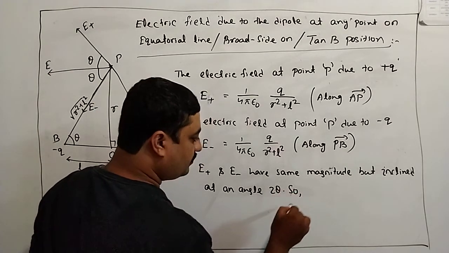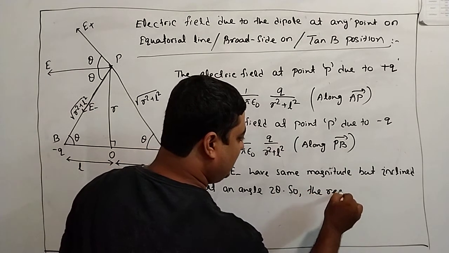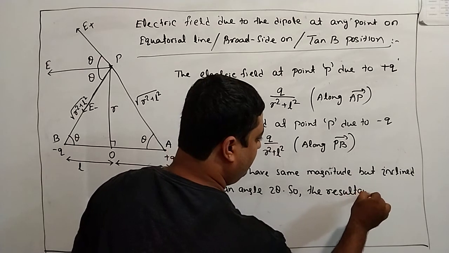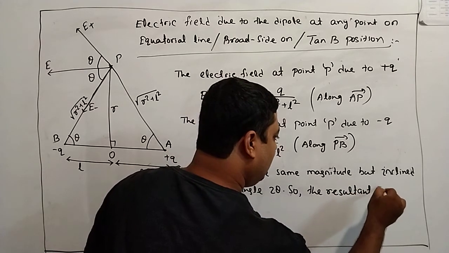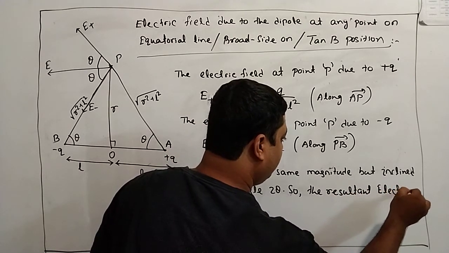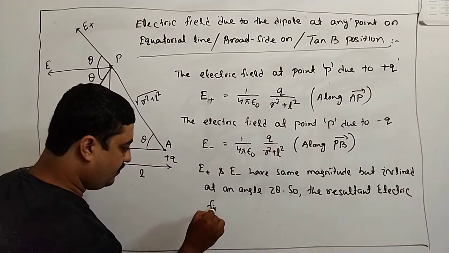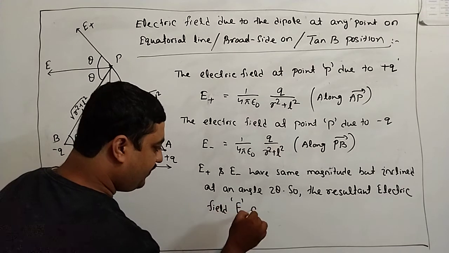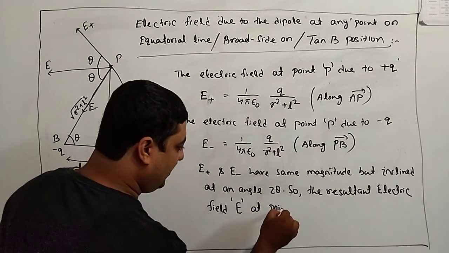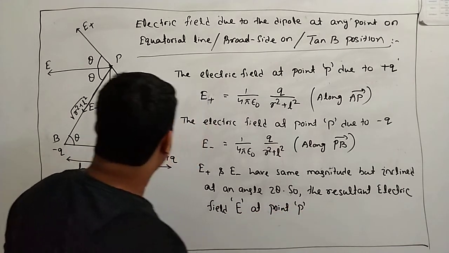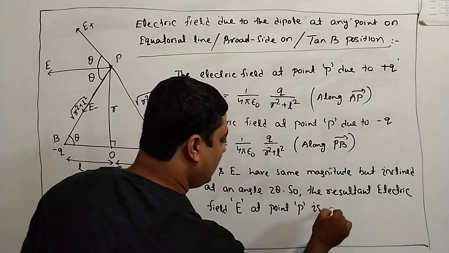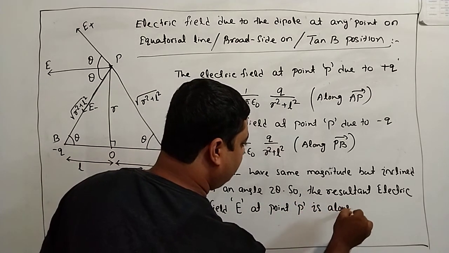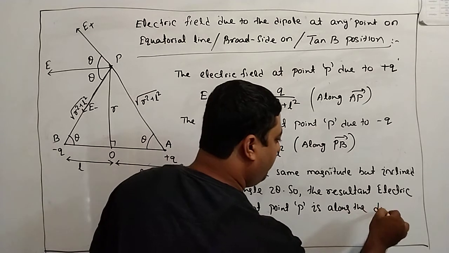So the resultant electric field E at point P is along the bisector.